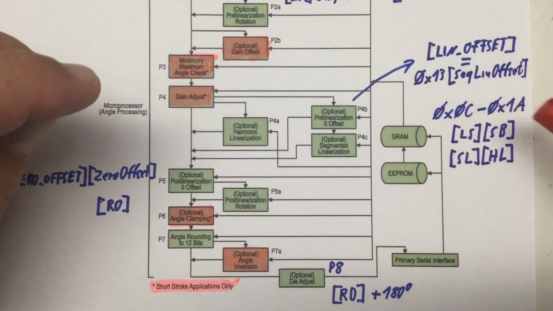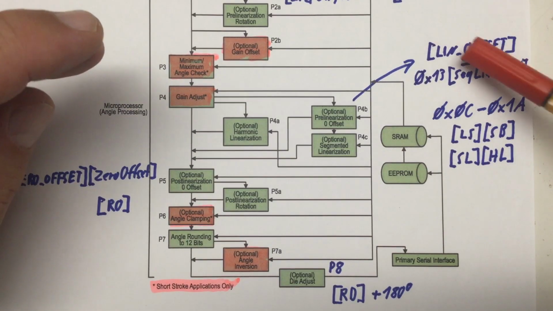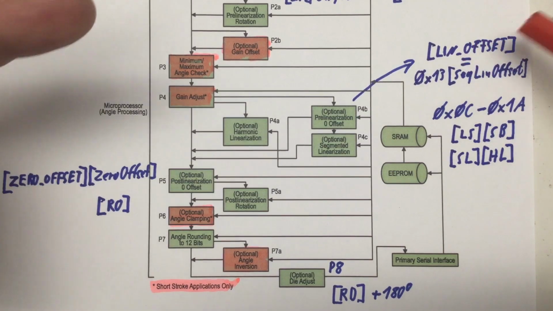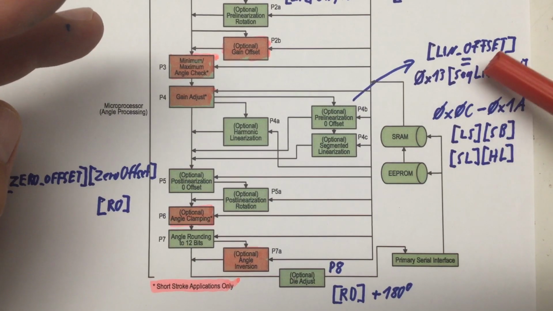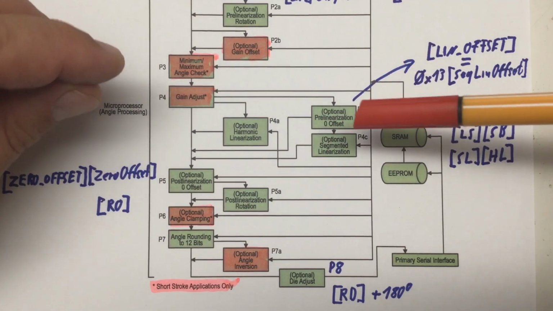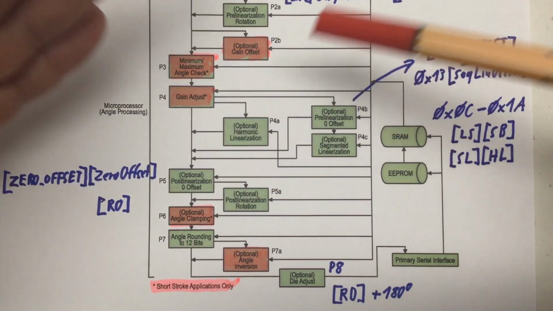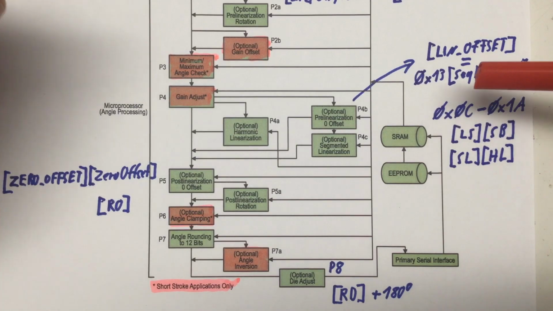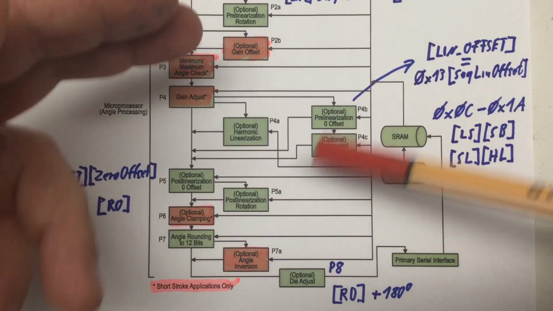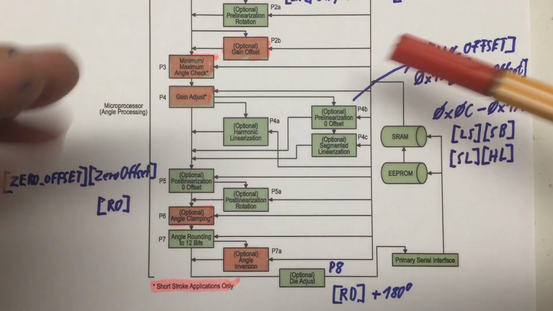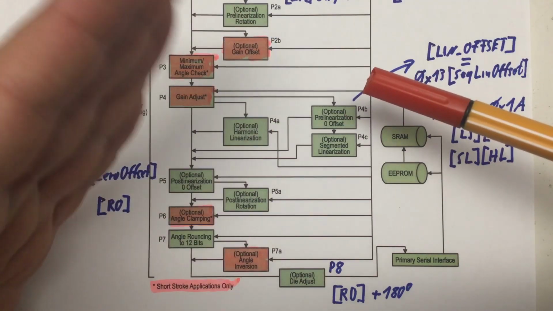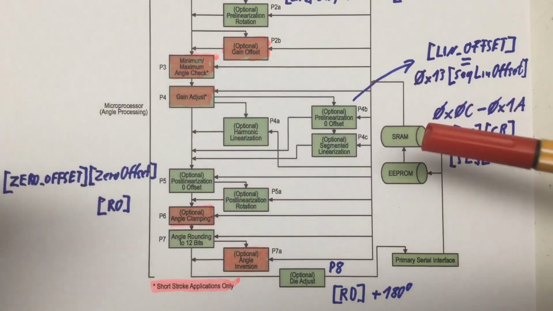Interestingly, in the data sheet, that's called the lin_offset, while in the programming guide, that's called the sec_lin offset. Things are not really consistent between the data sheet and the programming guide. But anyway, that's just subtracting or adding an angle to our value so far to set a 0 point that we like.